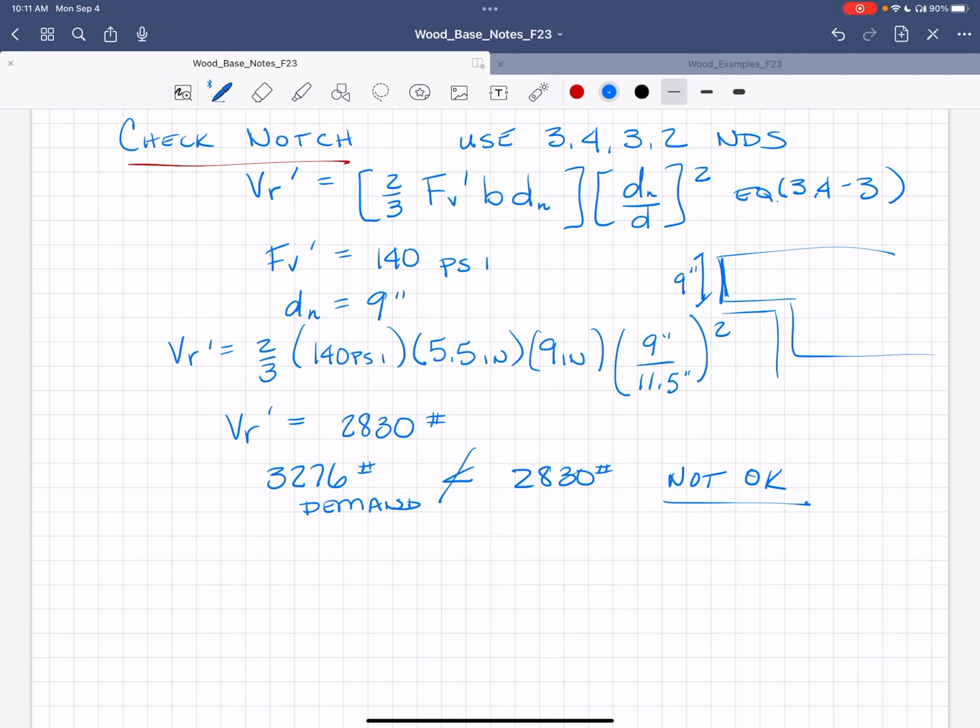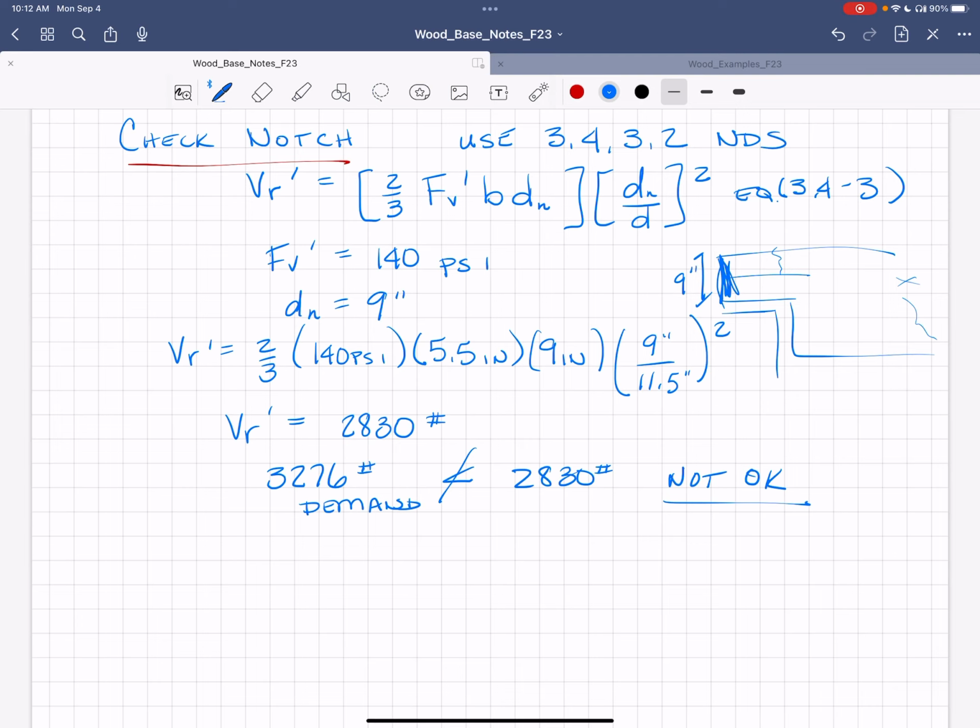So I have to go back and look at geometry and see what I can do there, or I may have to move to a different member size so that I get the area here that I need. Because if you notch too much, all you're doing is weakening this in shear at that notch. Out in the beam it's okay, but out here at the edge, we've got to deal with the notch.